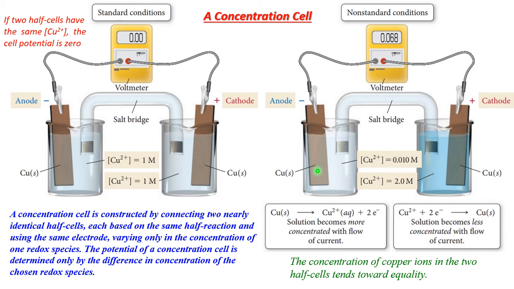Copper solid makes Cu2+ ion here, and copper ions are precipitating on this electrode. As a result, electrons are coming from this electrode to that, and we have visible voltage. Of course, again, the system wants to have equal concentrations at the end.